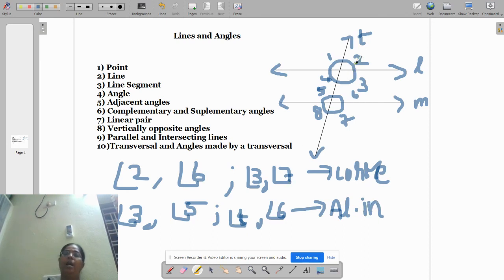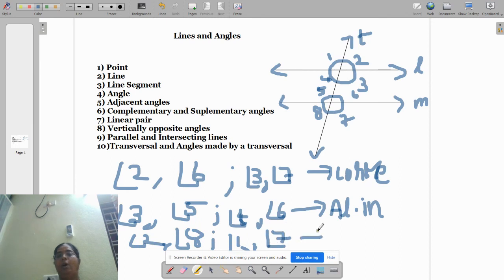If you observe angle 2 and angle 8, and angle 1 and angle 7, these are alternate exterior angles. So in alternate angles, what are alternate angles? Angles made by a transversal on either side.